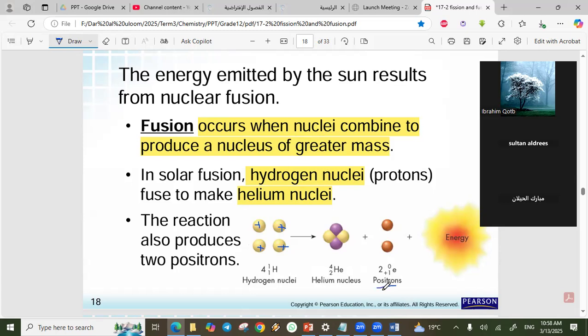You didn't hear about it before. A positron is a very small particle, looks like the electron, but it's positive. Again, a positron is a very small particle in the size of an electron, but it has positive charge. The mass is almost 0.